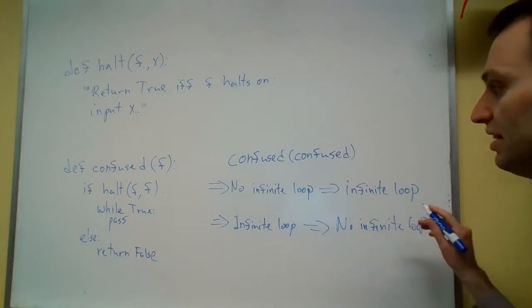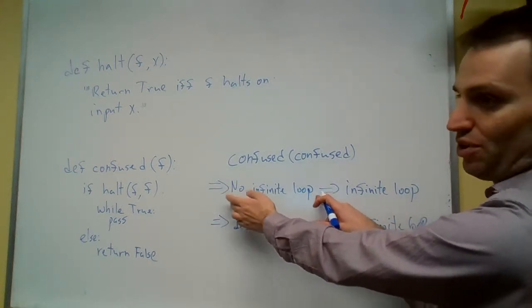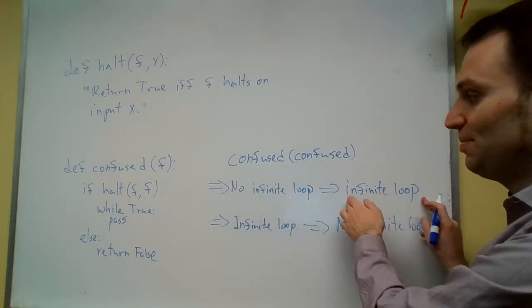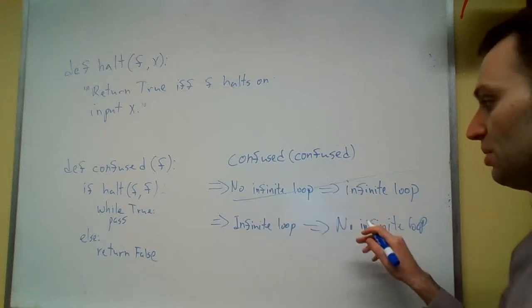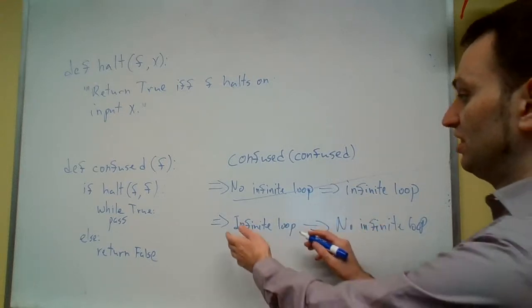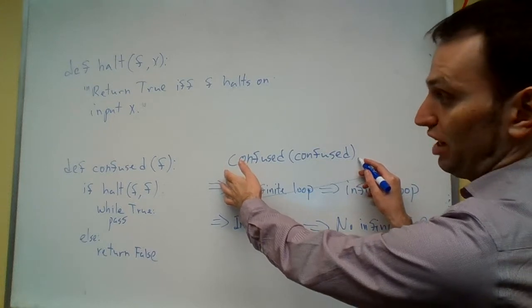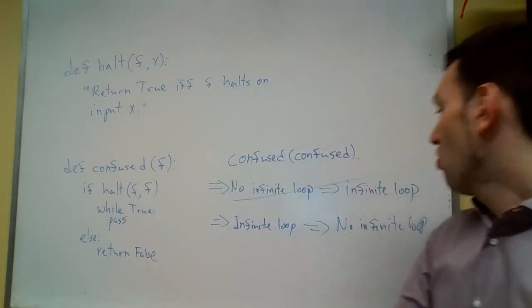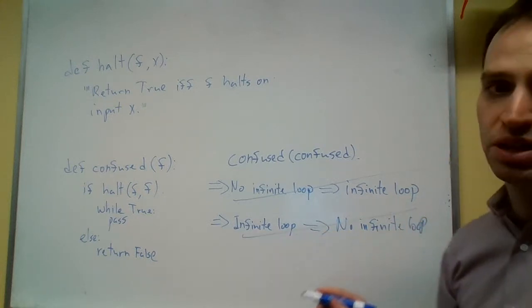So that means that, well, this assumption was obviously wrong, because from this assumption you could derive this. This makes no sense, so this is not a possibility. This is not a possibility either, for the same reason. If you say that this produces an infinite loop, you can trace it and figure out that, oh, it doesn't produce an infinite loop after all, so this is also not a possibility.